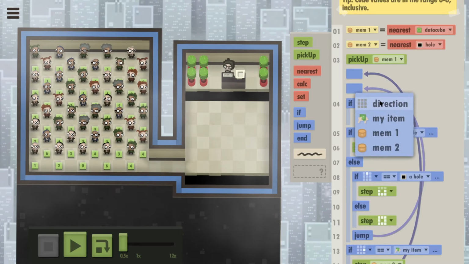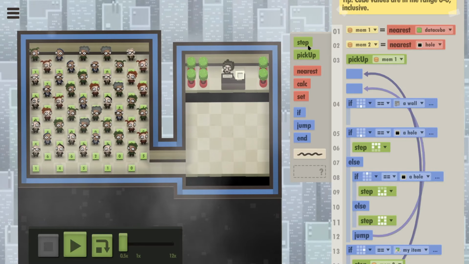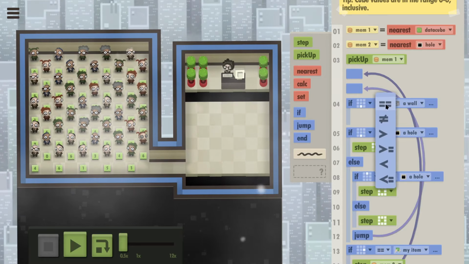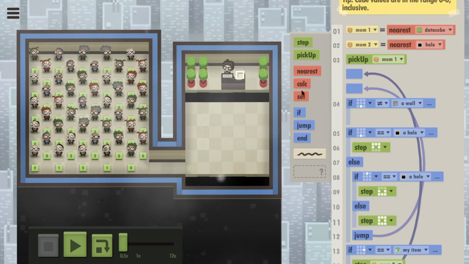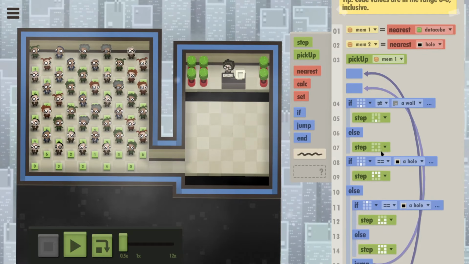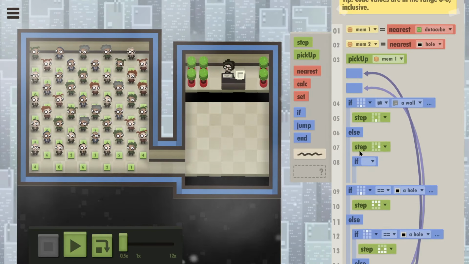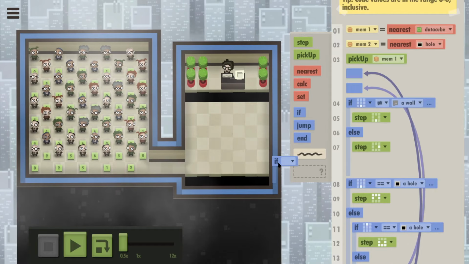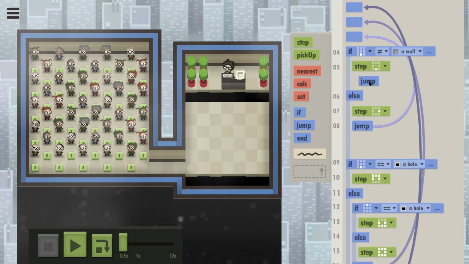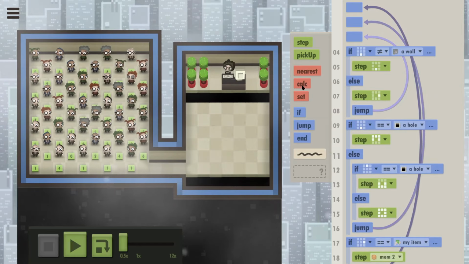If this equals a wall, that does not equal a wall. Step down. Else, step left. Oh, this is going to be so padded out now because I've just got to break this down into an individual. No. Wrong part.